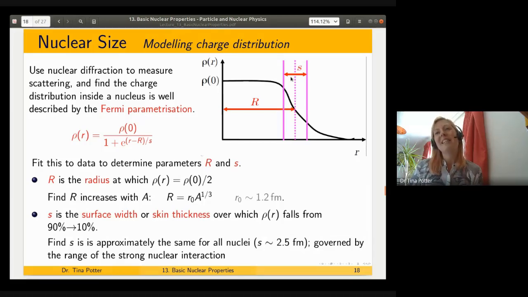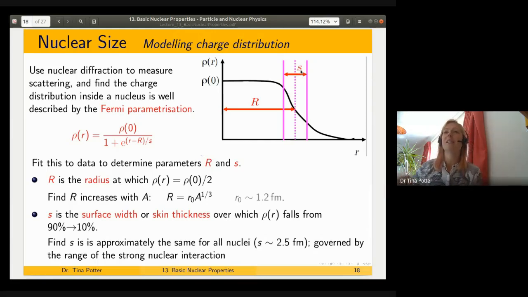And we also have the skin thickness here, S, and this is telling us about how quickly this charge distribution drops off. And we define this as when this nominal charge distribution here drops from 90 to 10% of that nominal central value. And this is really interesting. I'll show you on the next plot that this is the same for all nuclei.